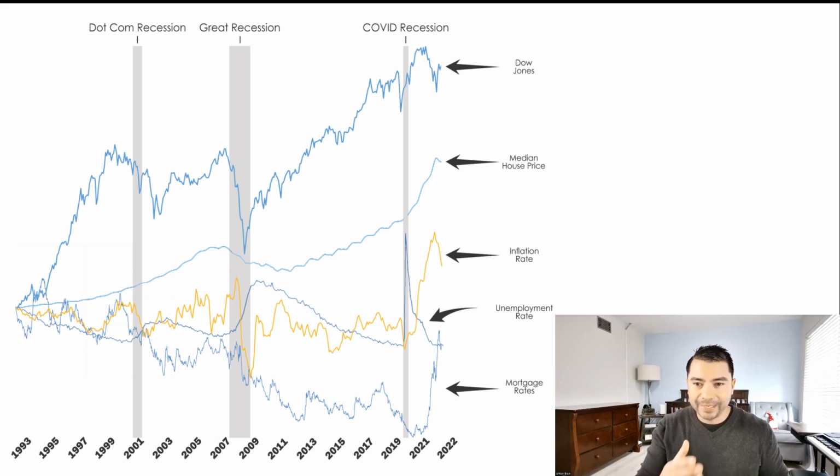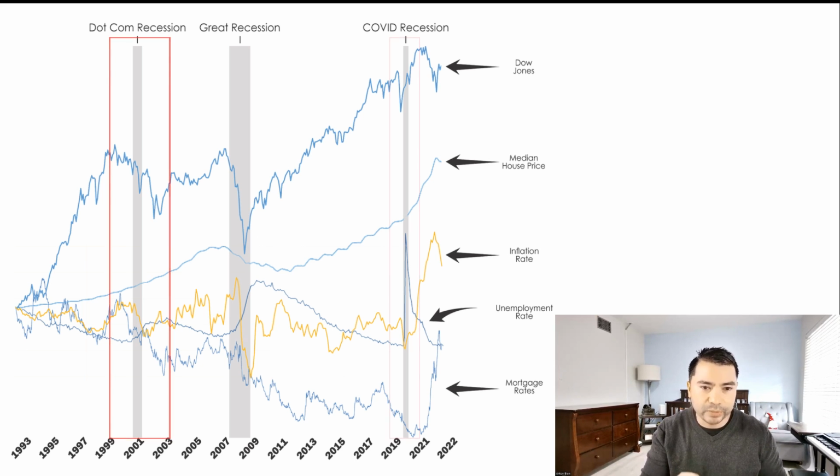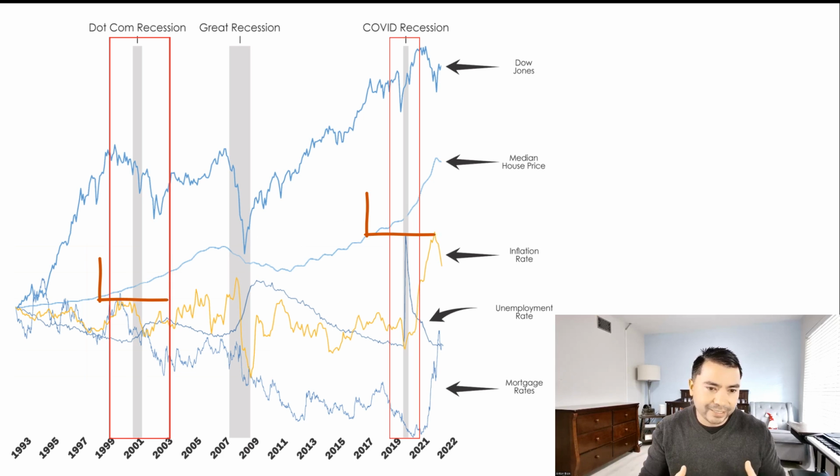Okay, y'all, now let's take a look at the median house price, which is the primary reason why I'm doing this analysis for my clients and for you guys. So let's take a look, and we can clearly see that within 2 of the 3 recessions here, the median price still continued to have this consistent increase regardless of what was going on with the other metrics, such as the stocks, the inflation, and the mortgage rate.